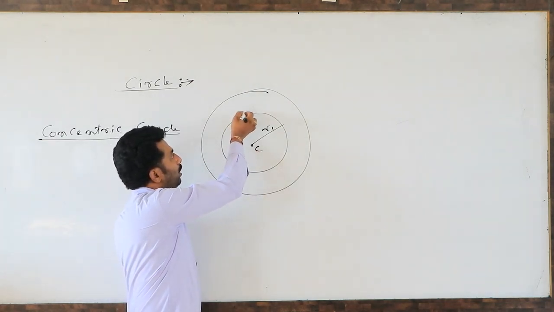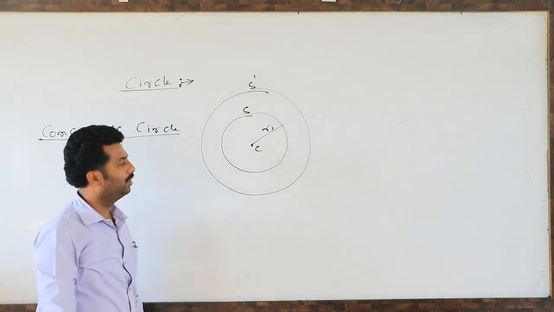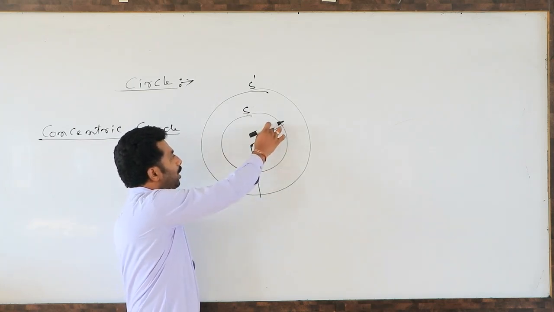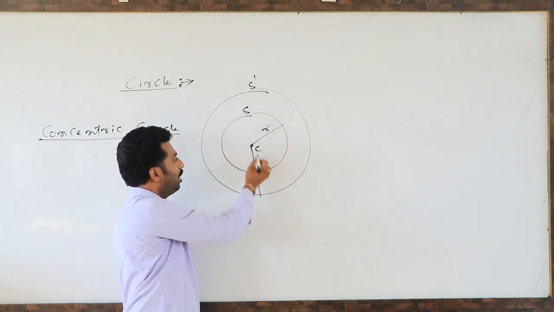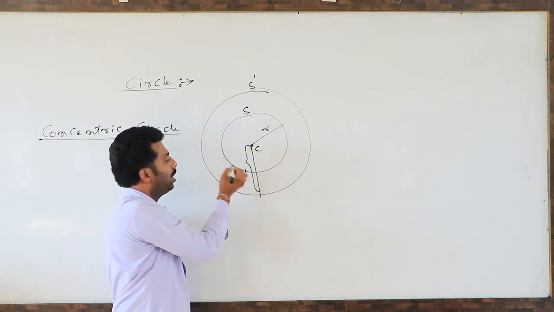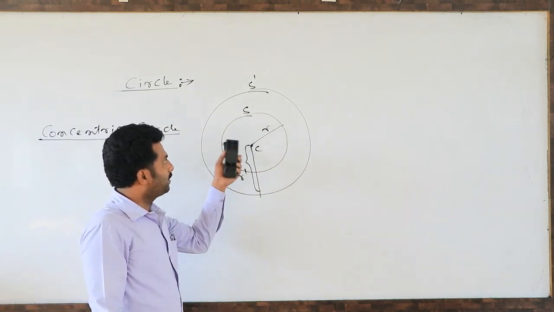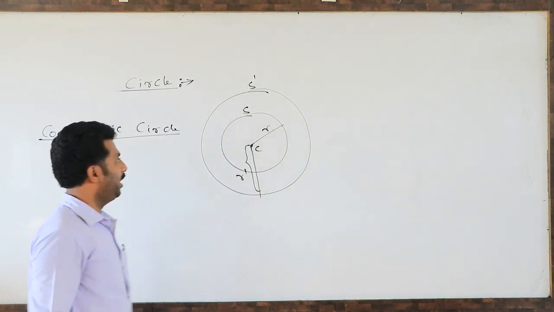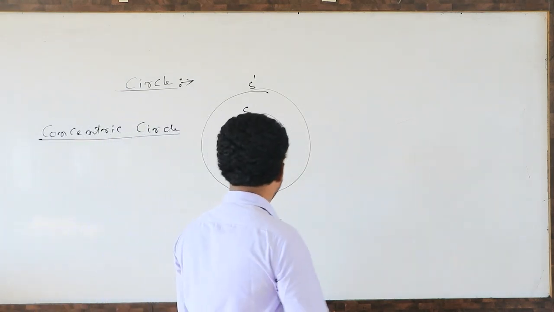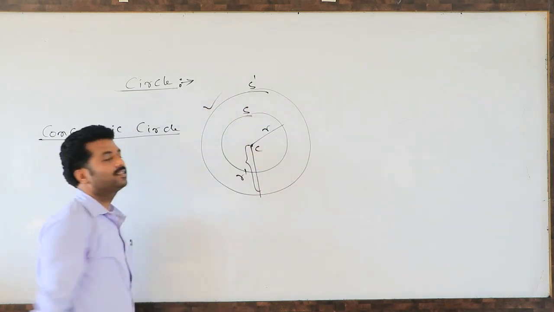So this is S, and this is S dash. For S dash, the radius is R dash. So two circles S and S dash having the same center. Two or more circles having the same center are called concentric circles.